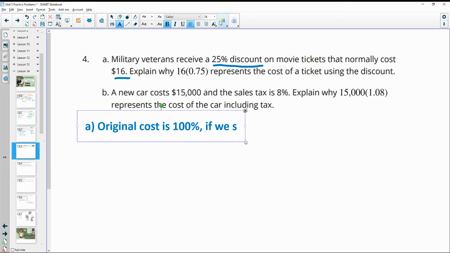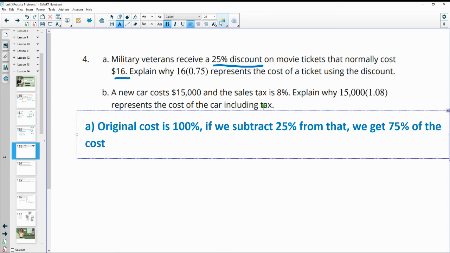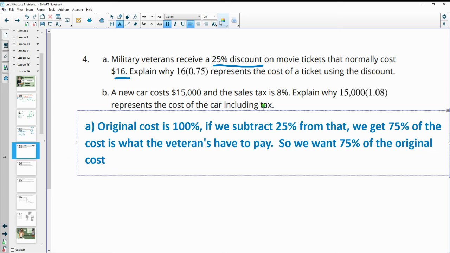So if we subtract 25% from that, we get 75% of the cost is what the veterans have to pay. So we want 75% of the original cost to determine the price.